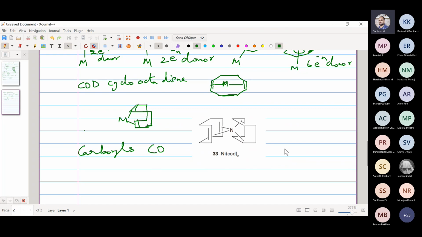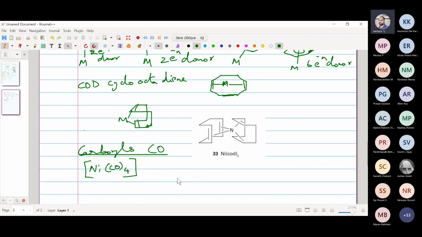A classic example is nickel tetracarbonyl, a very famous complex. Usually the binding to the metal is through the carbon, and these compounds are more pi bonding than sigma bonding.